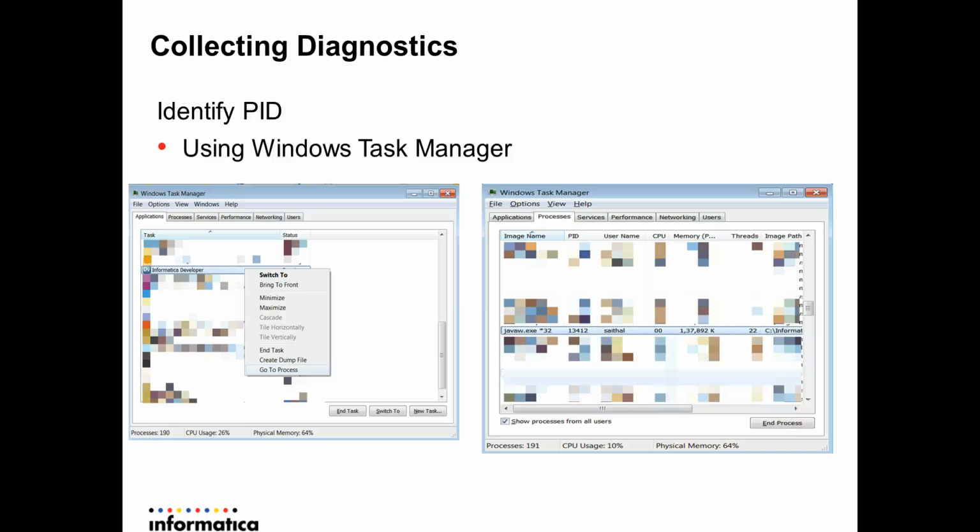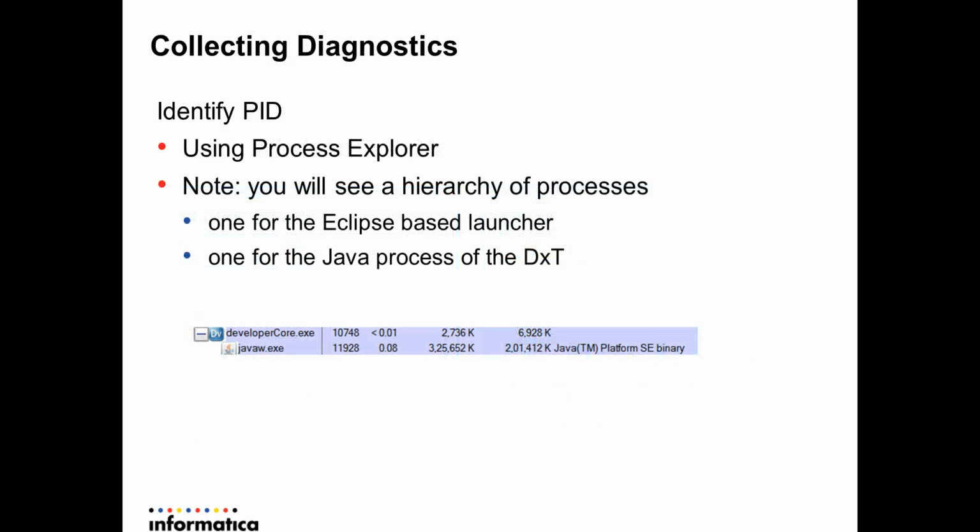On Windows operating system, you can identify the PID of the DxT tool using Windows Task Manager, or you could also identify the PID using Process Explorer, which is a Windows Sysinternals tool. With Process Explorer, you would see a hierarchy of processes associated with the developer tool.